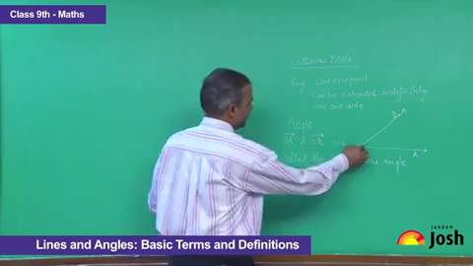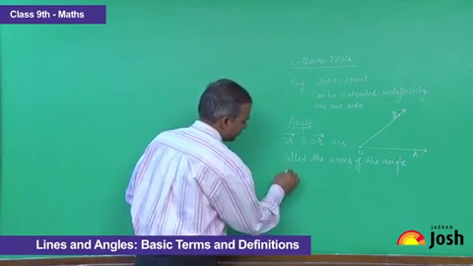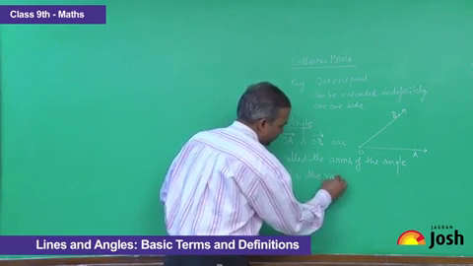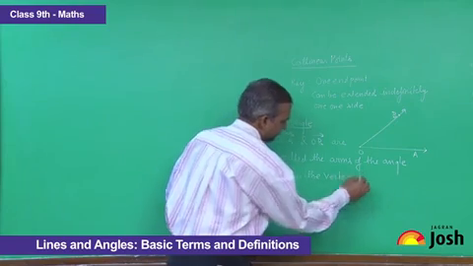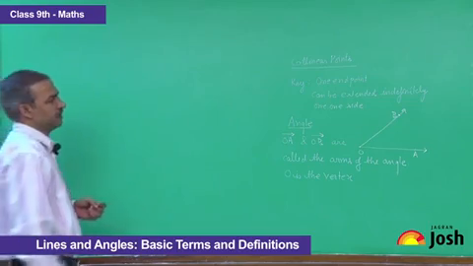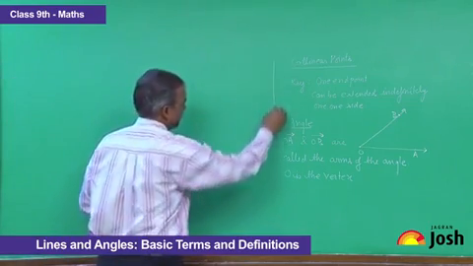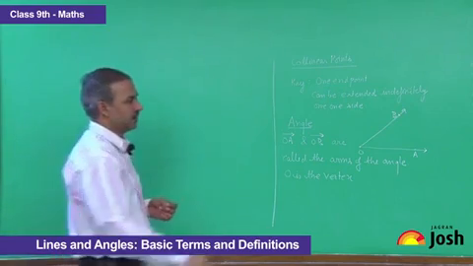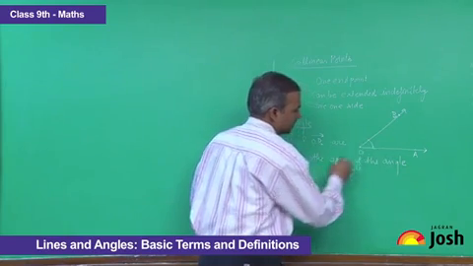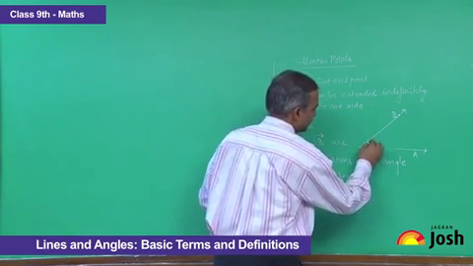The common initial point O is the vertex. Then this is known as the measure of an angle.